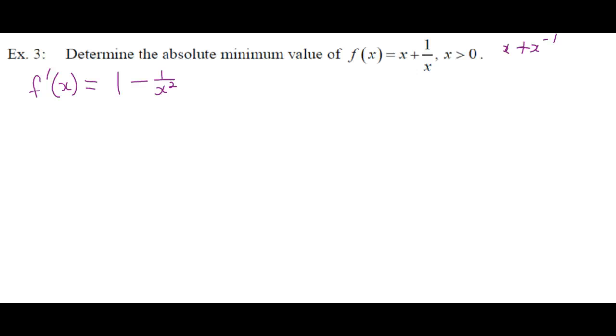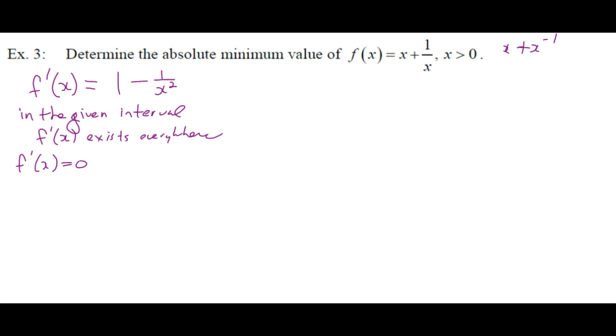So in the given interval, f prime of x exists everywhere, and f prime of x is equal to 0 when x is equal to 1.